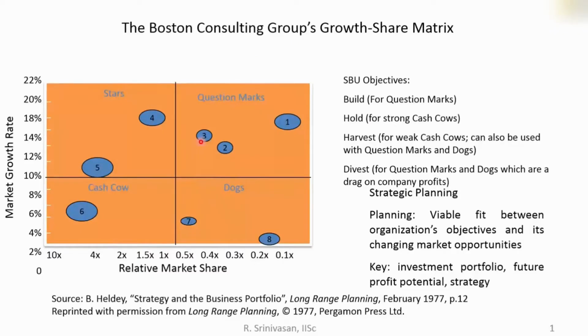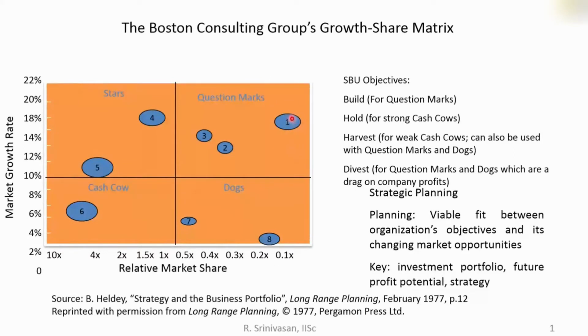You have launched a product and that product has entered the market. Till it stabilizes, you do not know what is going to happen to that particular SBU. So any SBU which enters the market initially will be in the question marks.